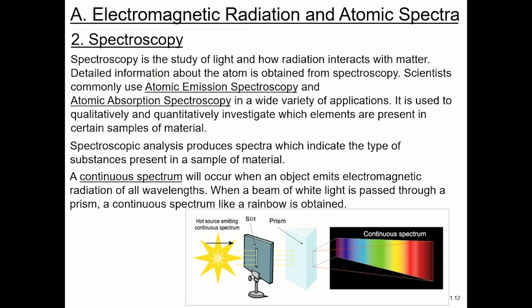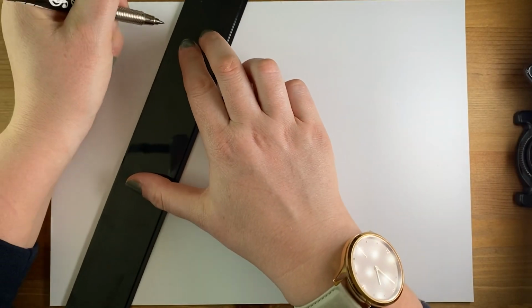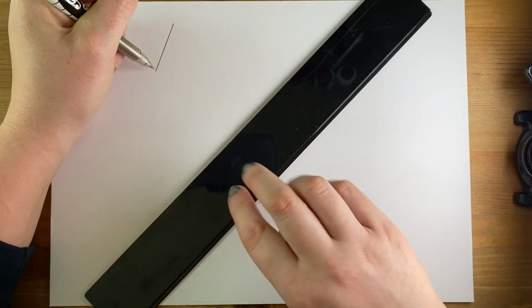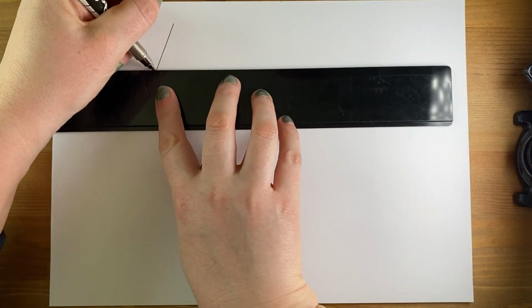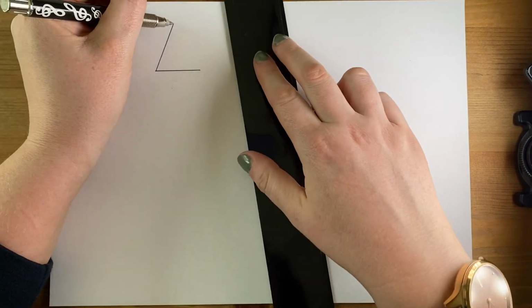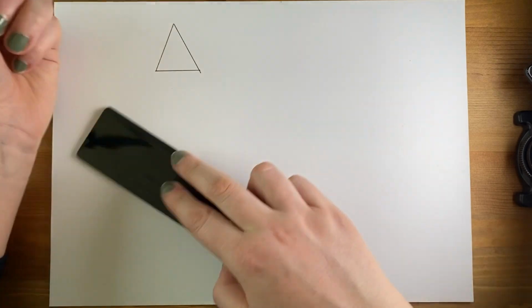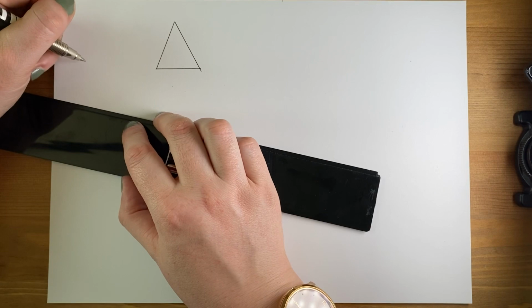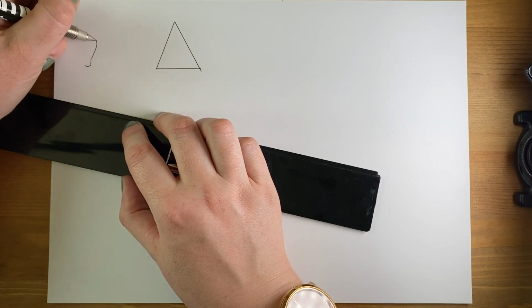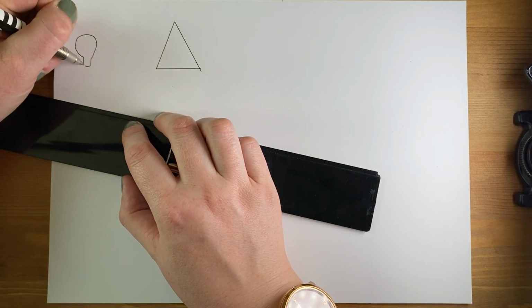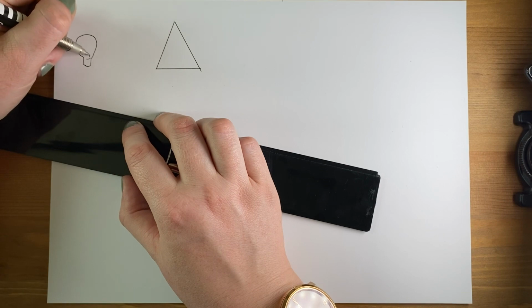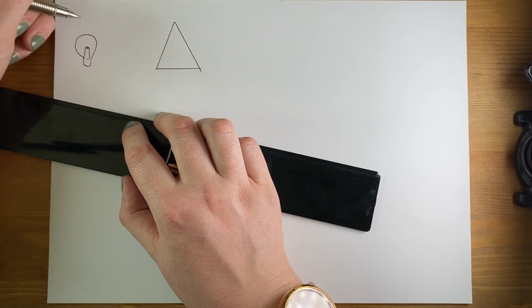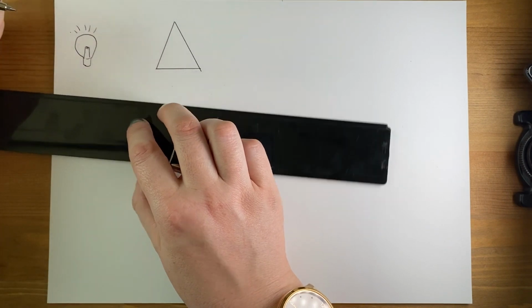And so we tend to have our prism, which I'll show you here, just as a triangle. This will be on another slide, but I quite like drawing these kind of things out. So we would have our prism, we would have our light source here. So say I've got some kind of a light bulb. My drawing skills are terrible, by the way, so I apologise already. So here's my light source.